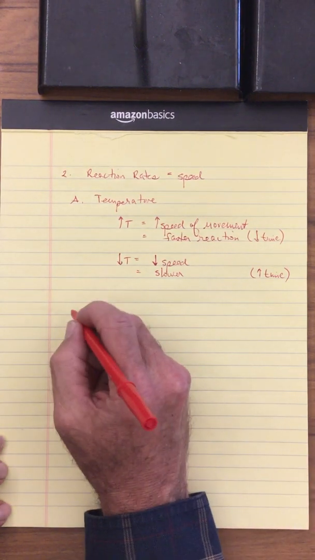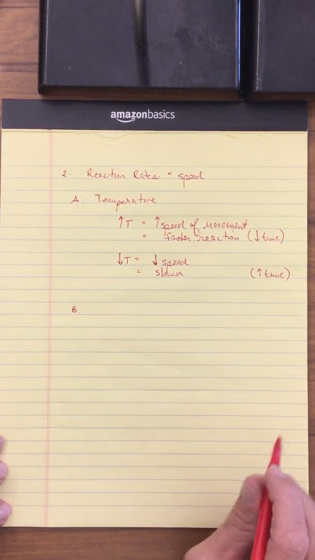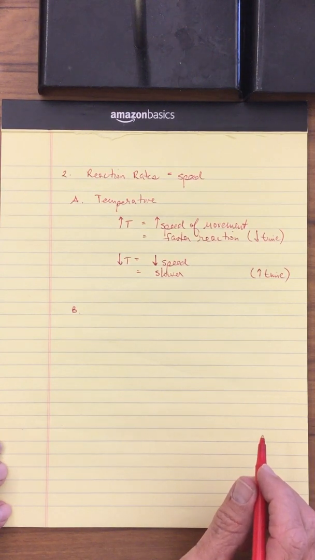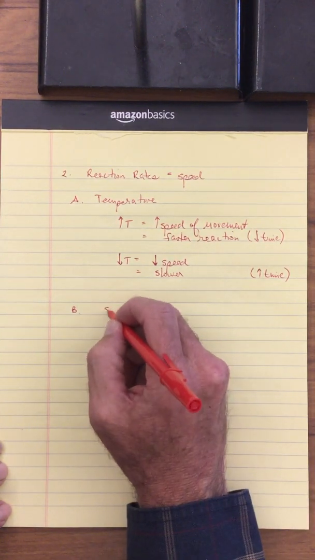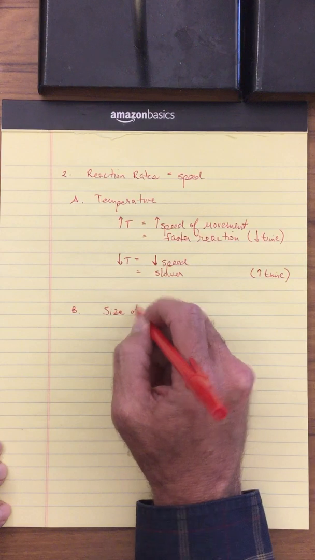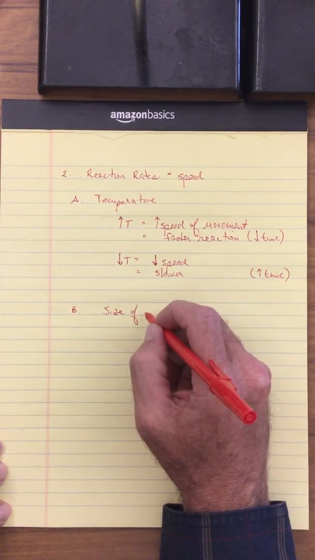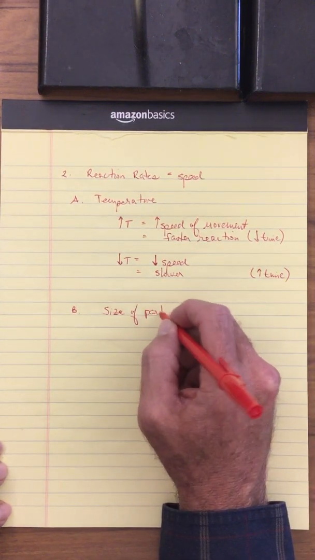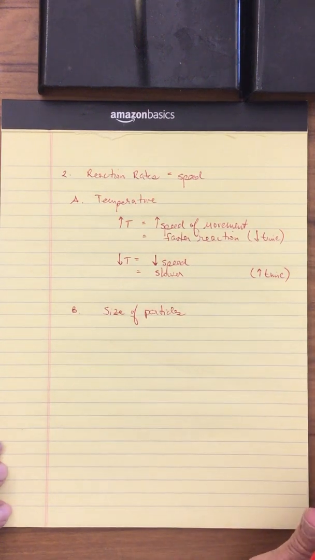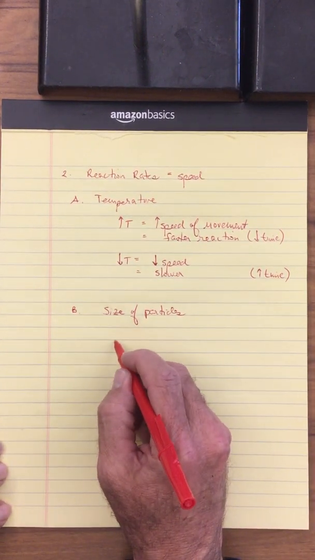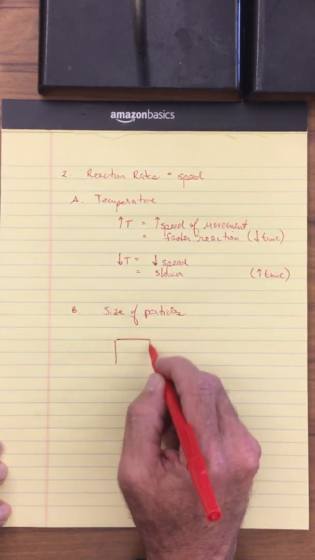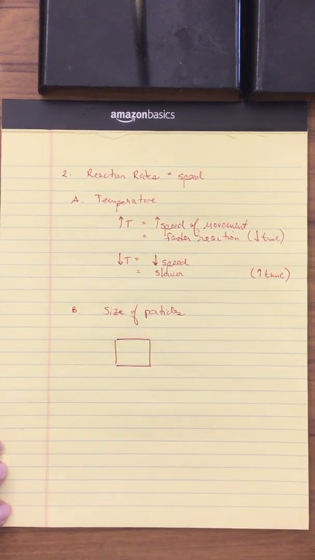Now, one thing we also take a look at in chemistry is the size of the particle. Size of the particles. Now imagine we have a piece of something and we're trying to dissolve it, and it's this big. Where is the dissolving, or where is the reaction going to take place?